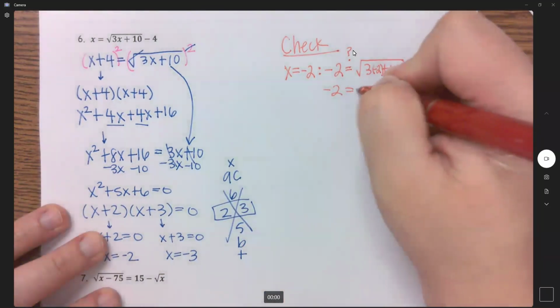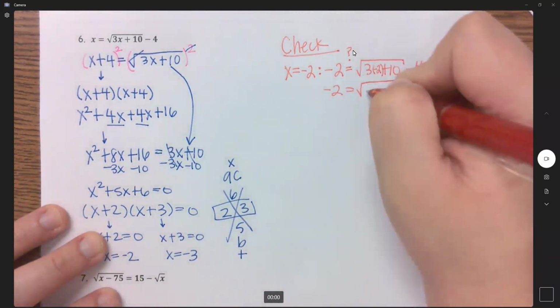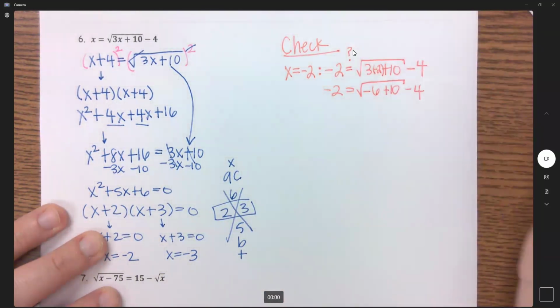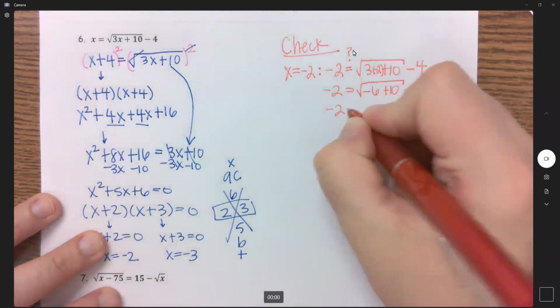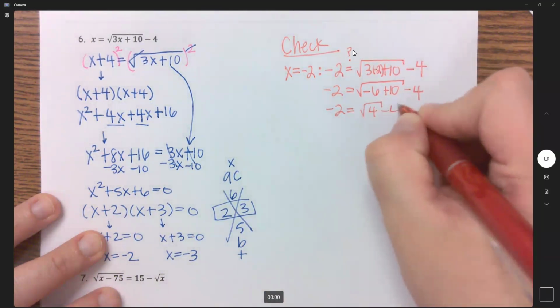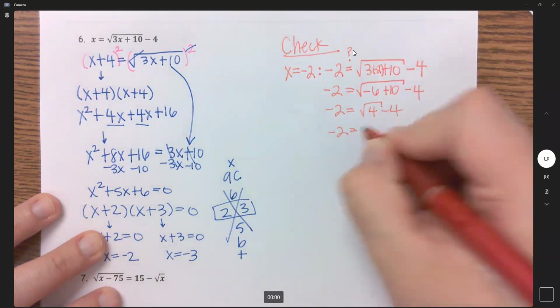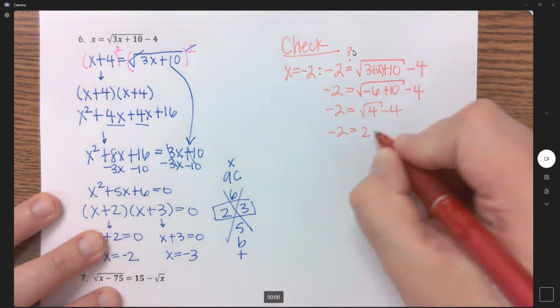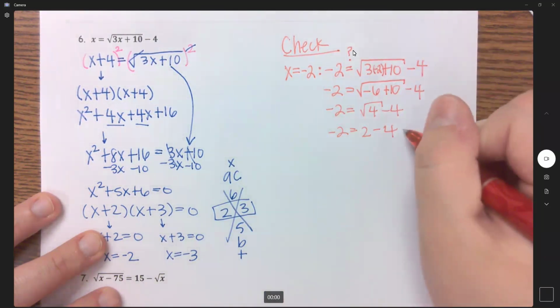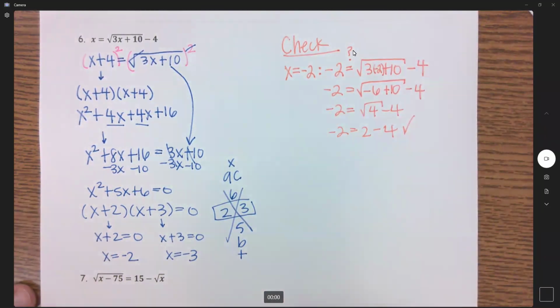So when I start evaluating, I'll actually start right there. This is negative 6 plus 10 minus 4 on the outside. This is going to give me the square root of 4. The square root of 4 is 2. And 2 minus 4 is negative 2. So this one actually works.